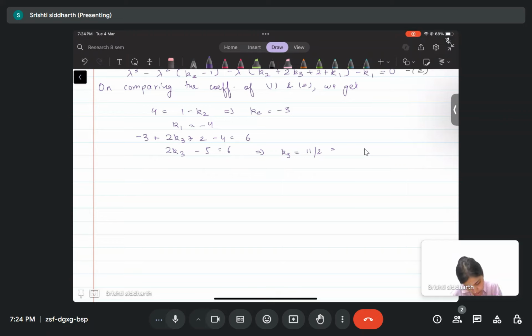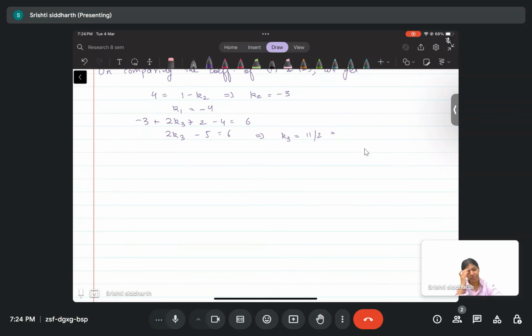Let me just check. Yeah, let's just keep it like this. So the K vector becomes minus 4, minus 3, 5.5.